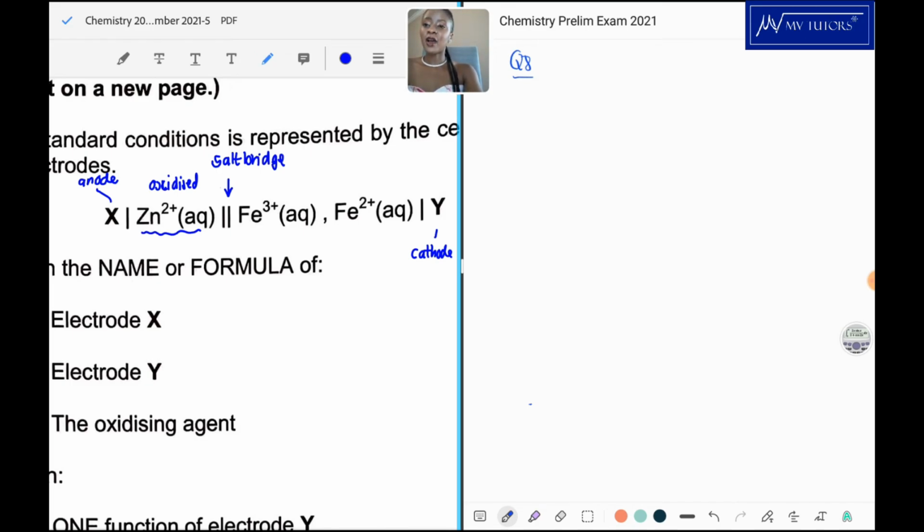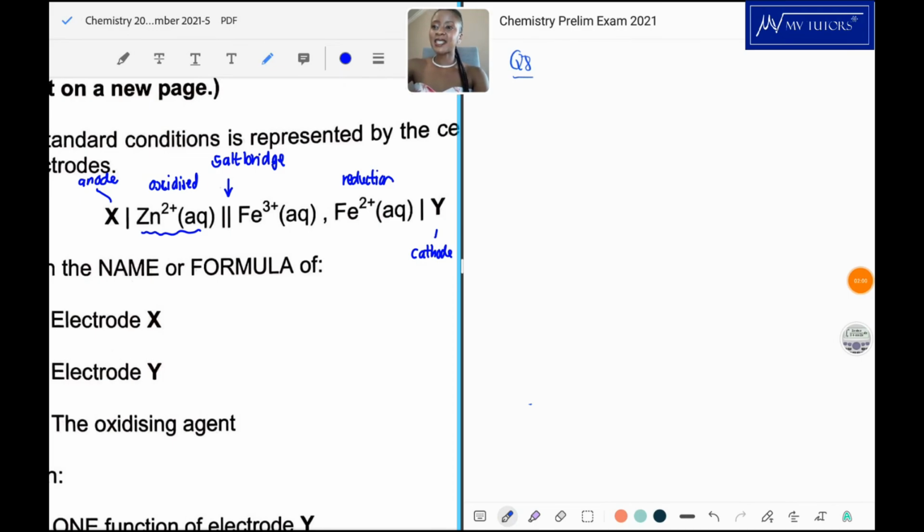And then on the Y, you have your cathode. Your cathode is where reduction occurs, and you are gaining electrons.